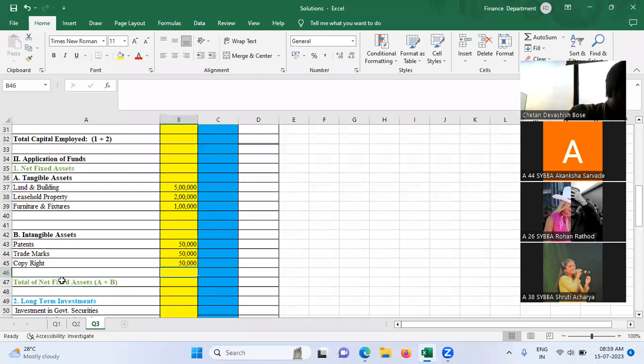Now we need to talk about investment. Investment in capital of some partnership firm, long-term loans given. These two are part of investment.